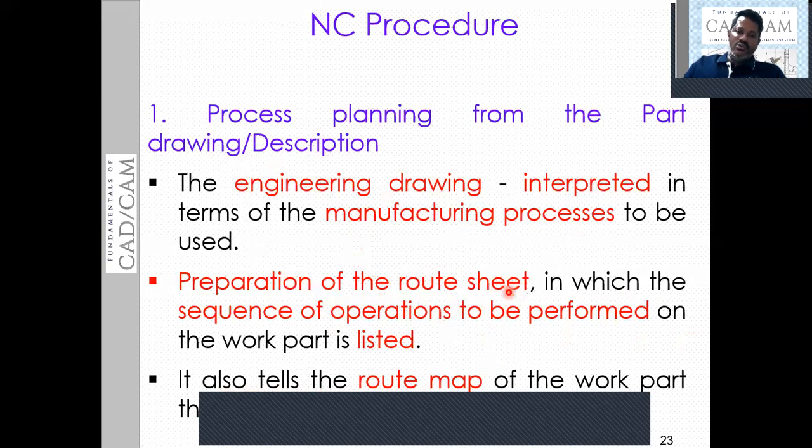Process planning transforms the design data into the sequence of operations to be performed. In turn, it also tells us the component to be moved from one workshop to another, like drilling to turning or turning to milling. The route map is also fixed in this process planning stage.